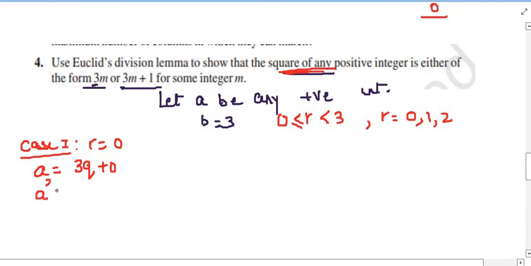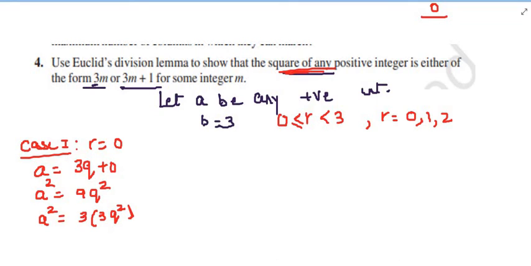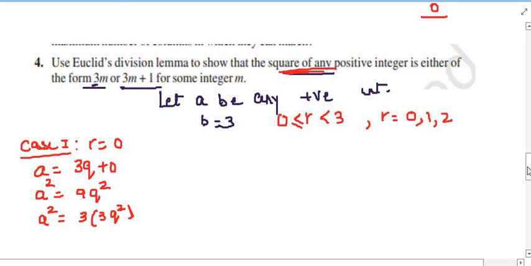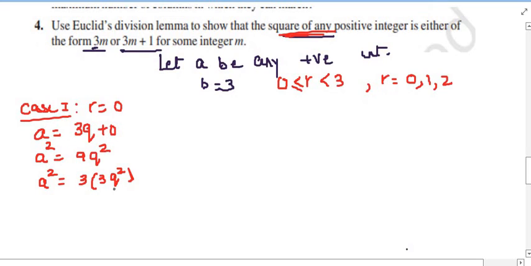It means a square will be equal to 9q square. We can write this as a square is equal to 3 times 3q square. Let's suppose this 3q square is equal to m, where m is any positive integer. So it means a square is equal to 3m.